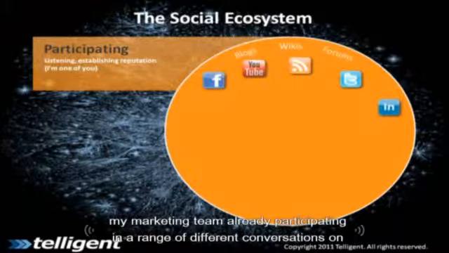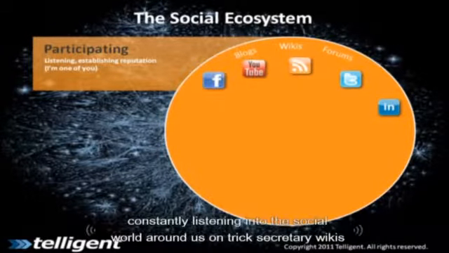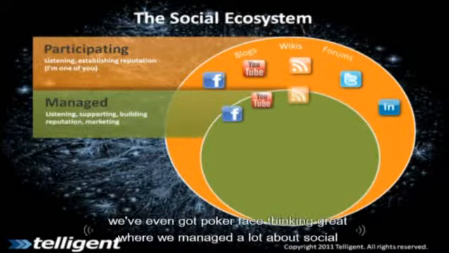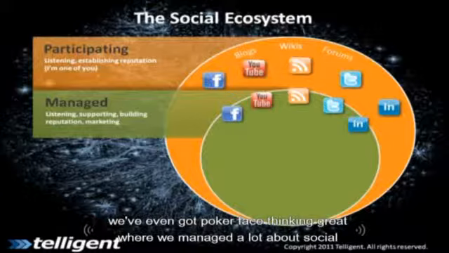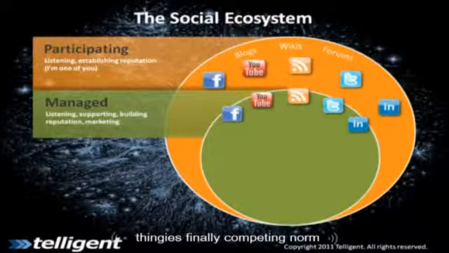My marketing team are already participating in a range of different conversations on Facebook and LinkedIn. They're constantly listening in to the social world around us on Twitter and through wikis and blogs. We've even got our own corporate Facebook and LinkedIn groups where we manage a lot of our social conversations. Thing is, I know we could be doing more.